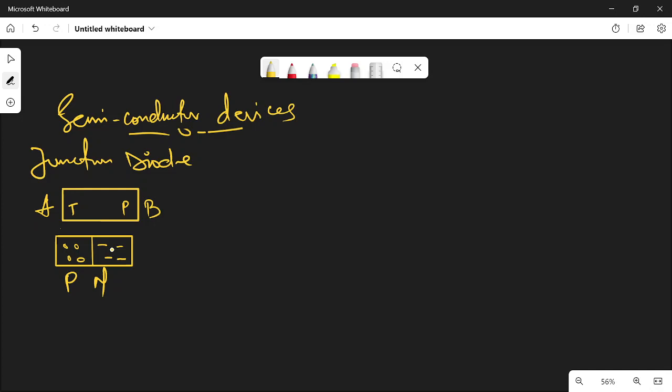So we have PN. So by doping one end of an intrinsic semiconductor with trivalent atom and the other end with pentavalent atom, we are going to have what we call junction diode. Are we together now?